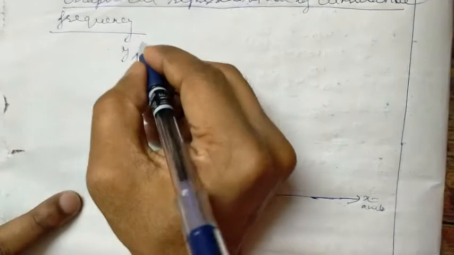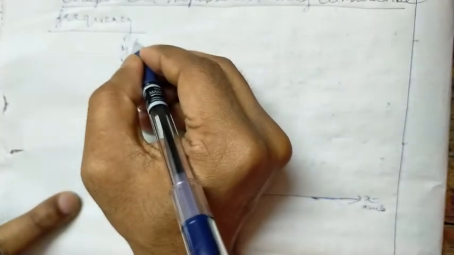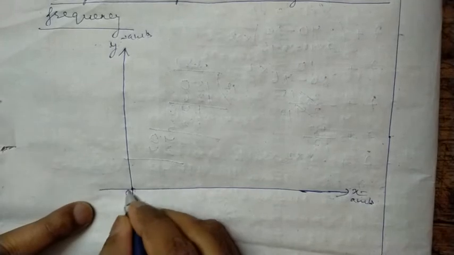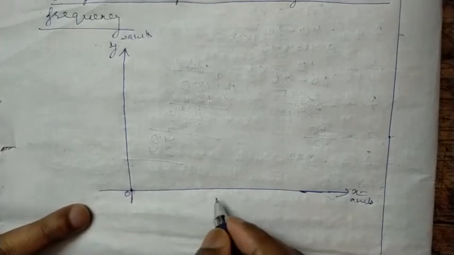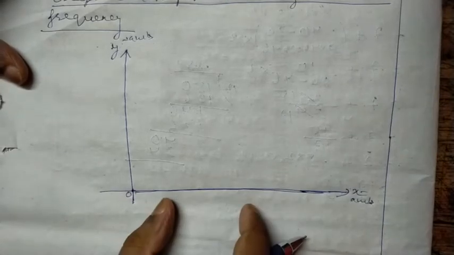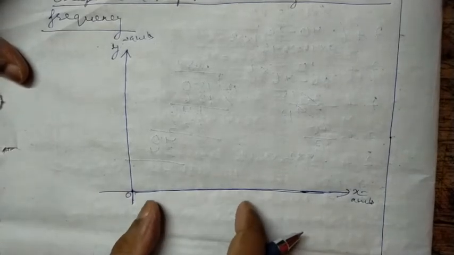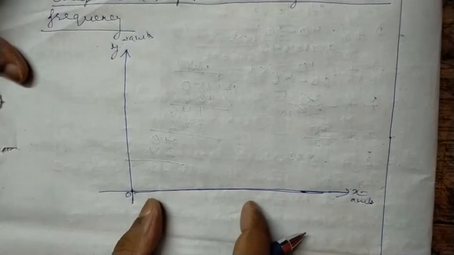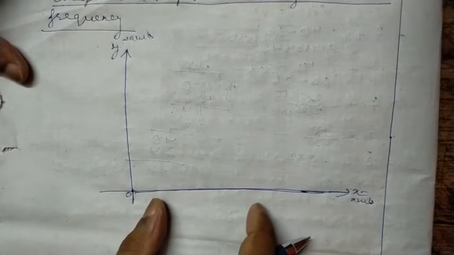These are the axes, and this is the origin, as we all know. Downside, here we'll write down the limit. Here we'll write the last interval.